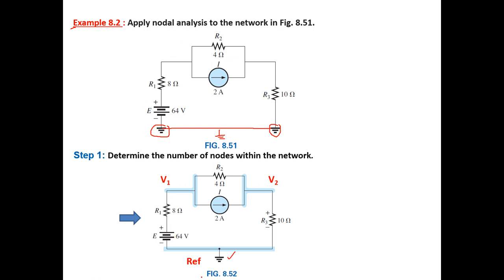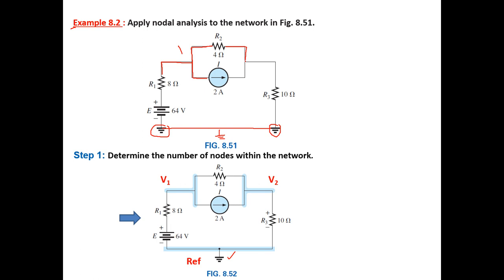Okay, so we need to determine how many nodes we have. I have this node, which is the connection point between three elements: R1 from this side, R2 from this side, and the current source from this side. So let's say this is node number 1.